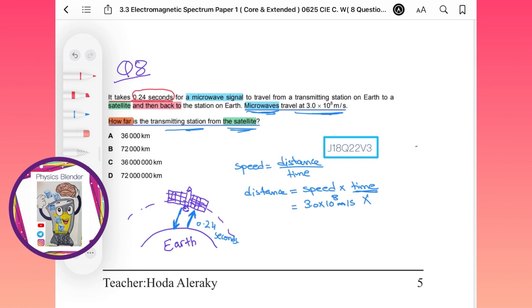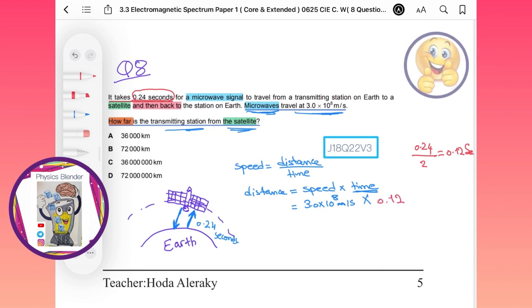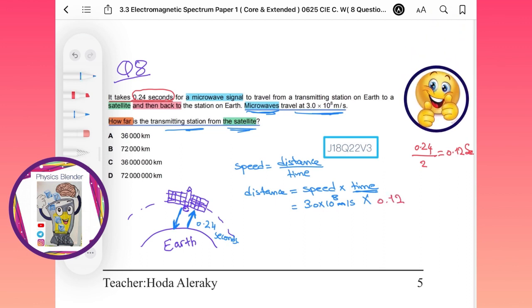So it's 0.24 divided by 2, it's equal to 0.12 seconds. Okay, so the time here should be 0.12. You have your answer. It will be 0.36 times 10 to the power of 8 meter per second.